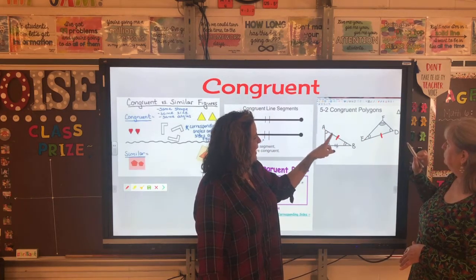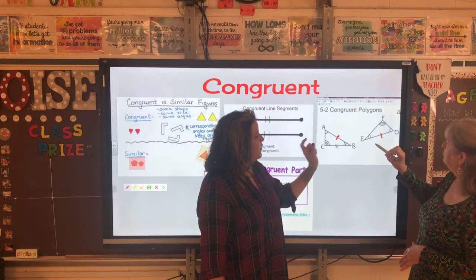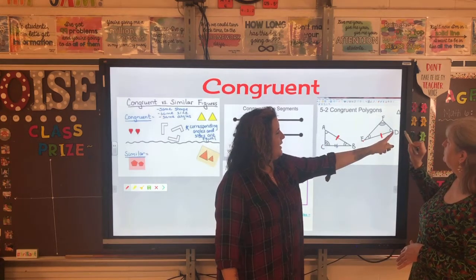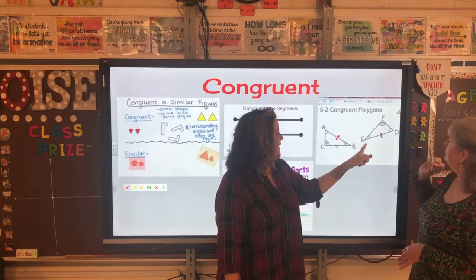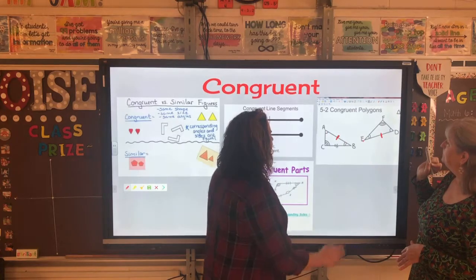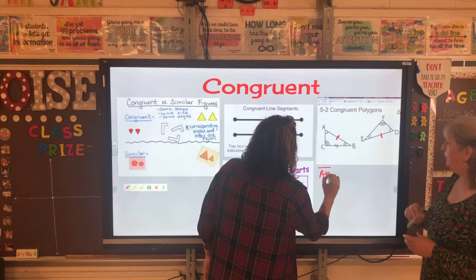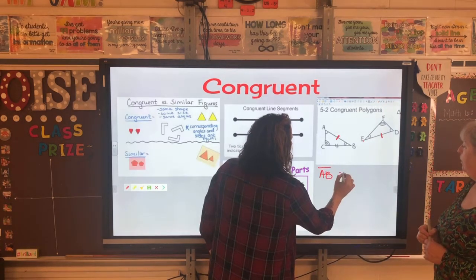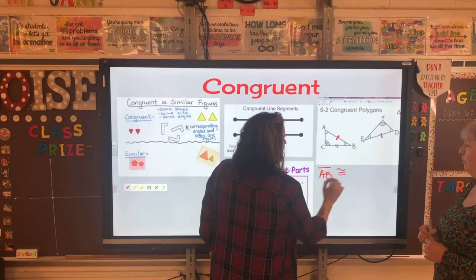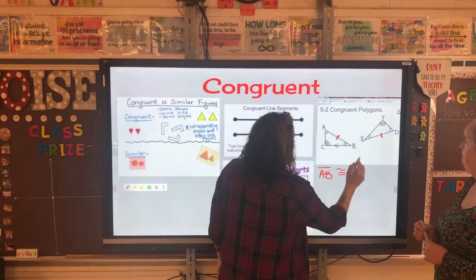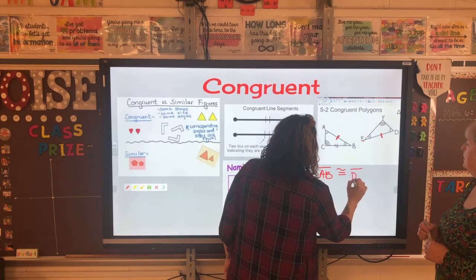So line segment AB is congruent to line segment DE. Sorry, not ED, it would be DE. So I could show line segment AB, we have to learn all these parts, is congruent, an equal sign with a little swirly thingy, to line segment DE.